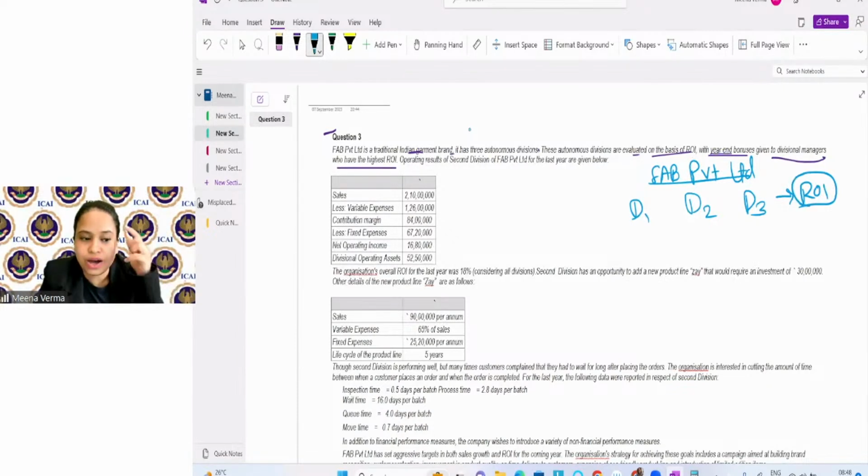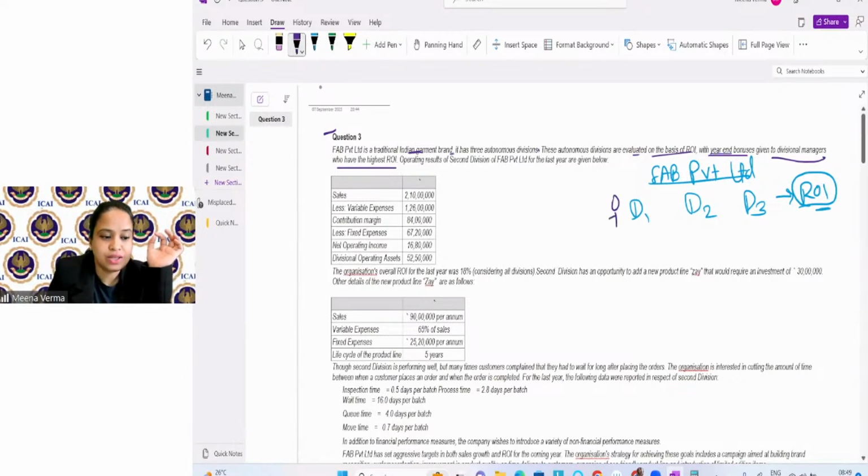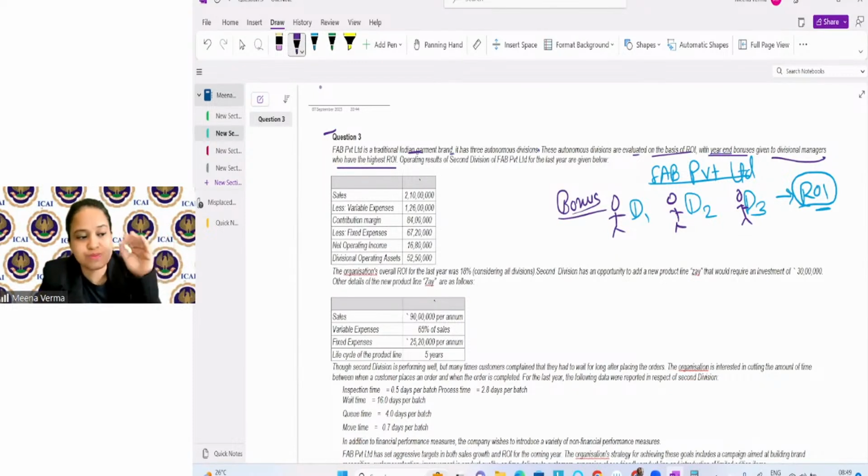On the basis of ROI, they are analyzing these divisions. Based on the ROI of these divisions, the managers of these divisions will get their respective bonus.